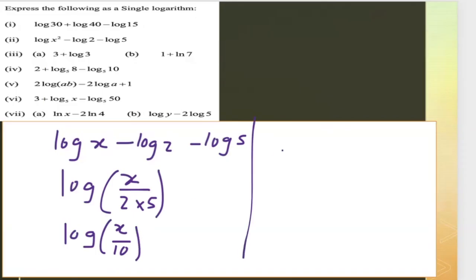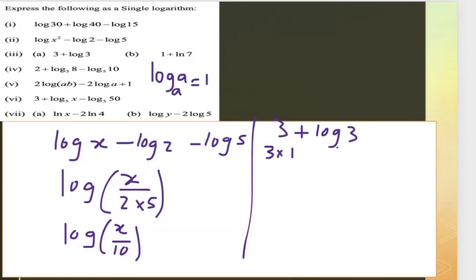Now, the next one we have is 3 plus log 3. We need to write it as a single log. Right now, the 3 is not looking like a log, but we can make it a log. We can rewrite 3 as 3 times 1. Remember the rule that says log a base a is 1.